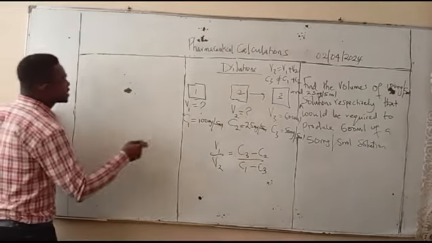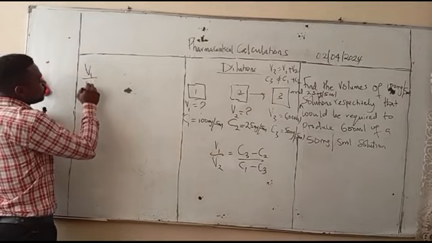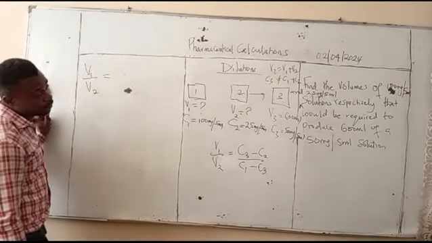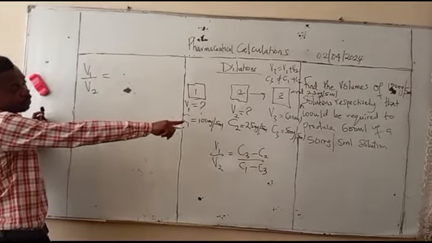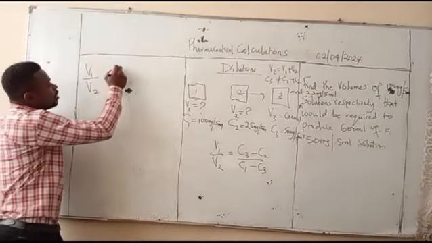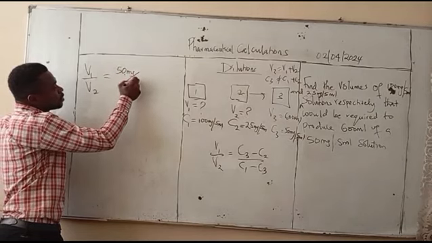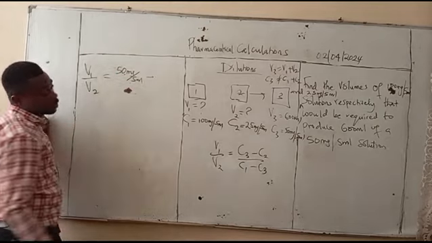All right, so in this case now, V2 over V1 over V2 is equal to what? C3 here is what? 50 milligram per 5 mil. So we have 50 milligram per 5 mil, minus what?